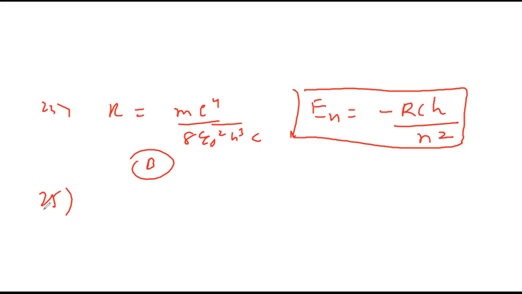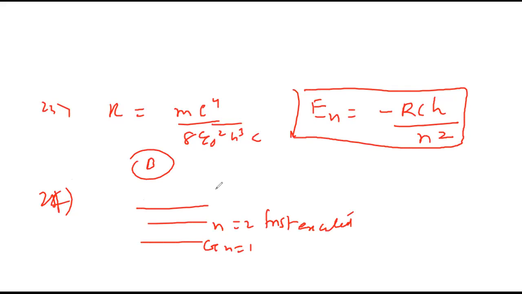25th. An electron in hydrogen atom jumps from second excited state. This is ground state where n is 1. This is 2, called first excited state. This is n equals to 3, called second excited state.